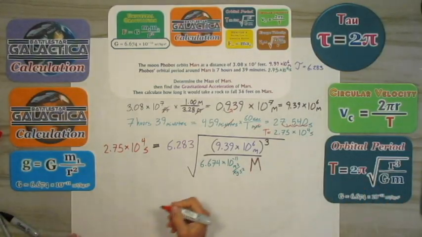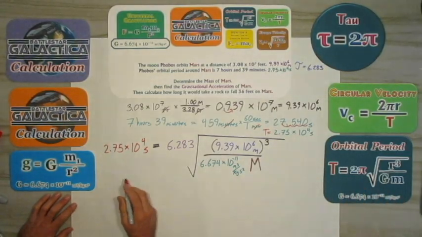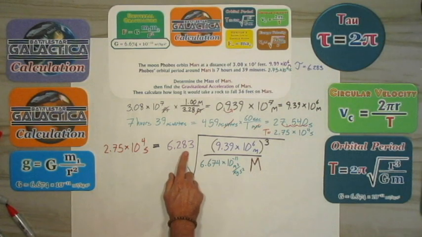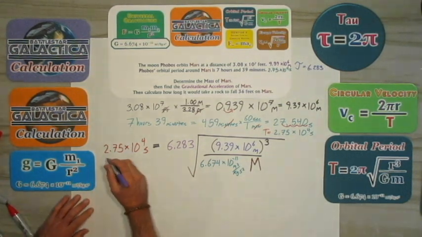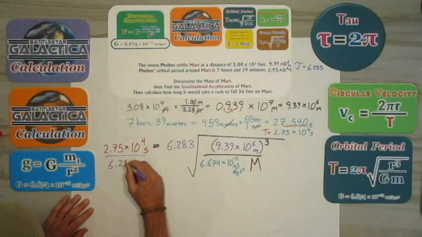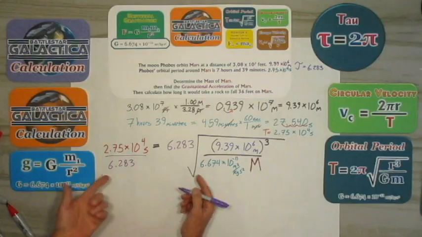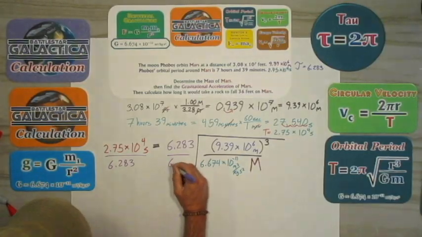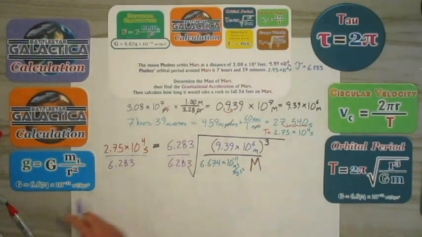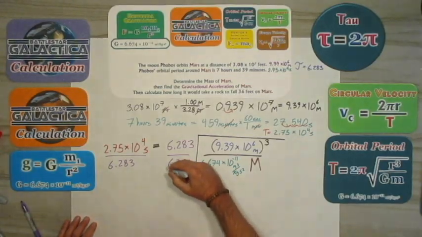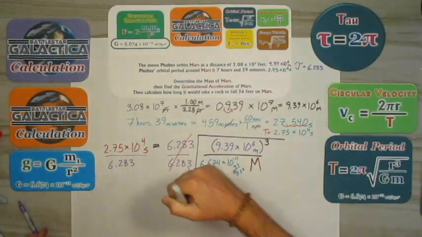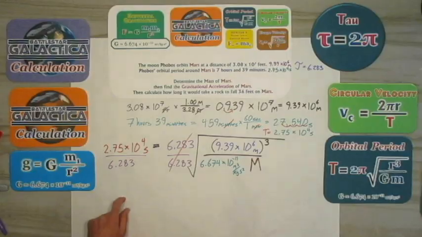So I'm going to take 6.283, divided by, and I'll just put it right there, 6.283. And then this is going to go bye-bye, and this is going to give me my new left side of the equation.